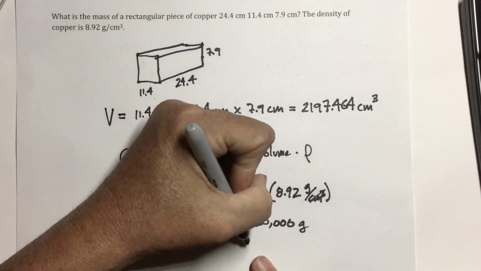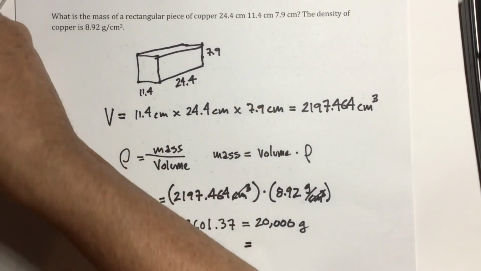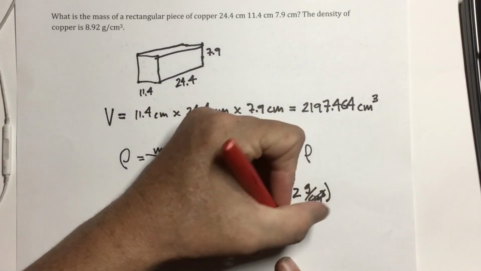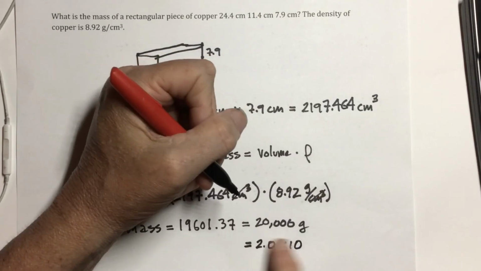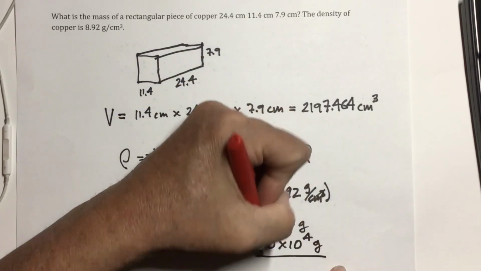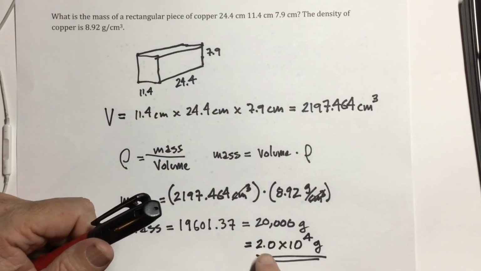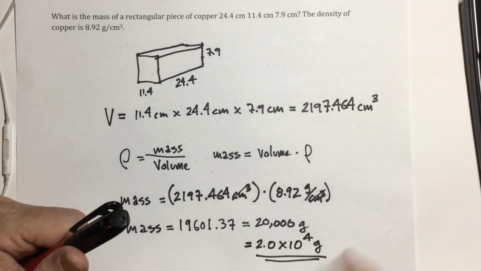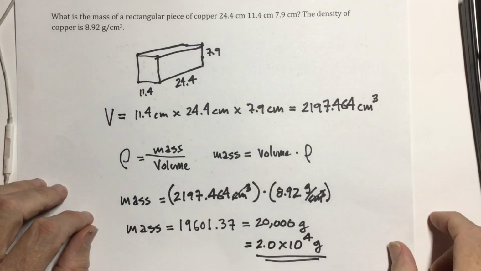So the answer really should be 2.0 times 10 to the 4 grams. That is a better answer because it accounts for 2 significant figures. Okay, whew, crisis averted. Well, there you go. I hope that helped.